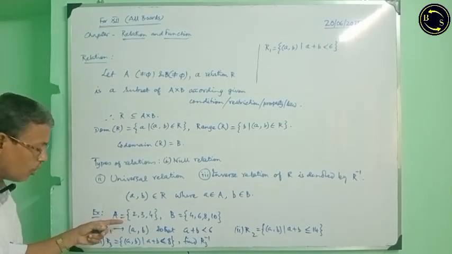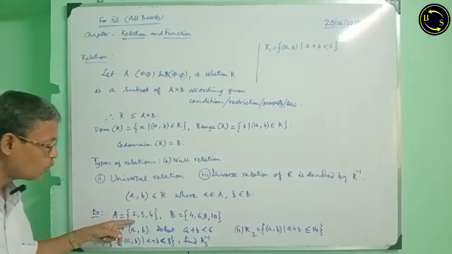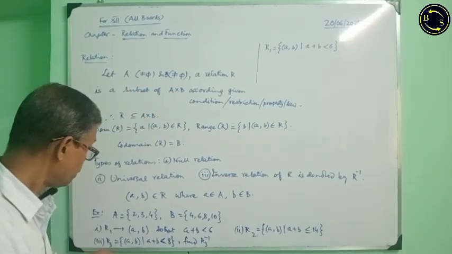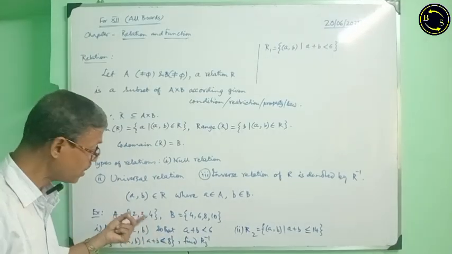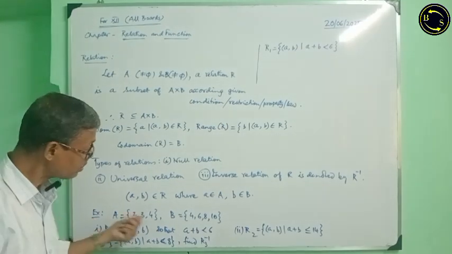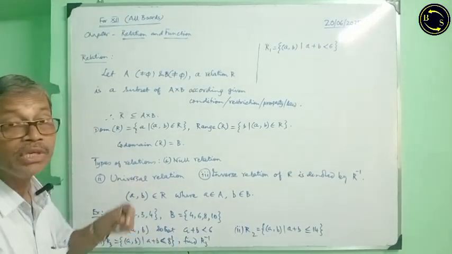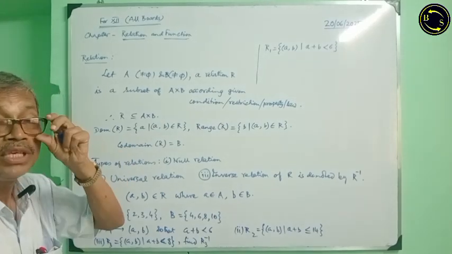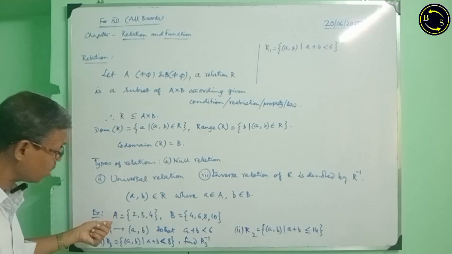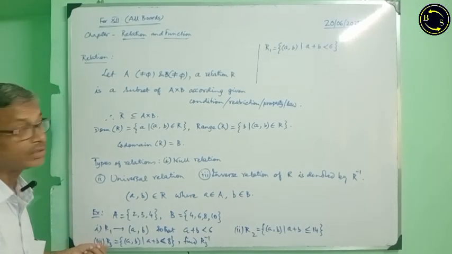Least value or least member of A is 2 and least value of B is 4. Therefore, the sum of the two least members is 6. Therefore, we can't have any ordered pair (A, B) so that A plus B is less than 6. Therefore, this relation is a null relation.